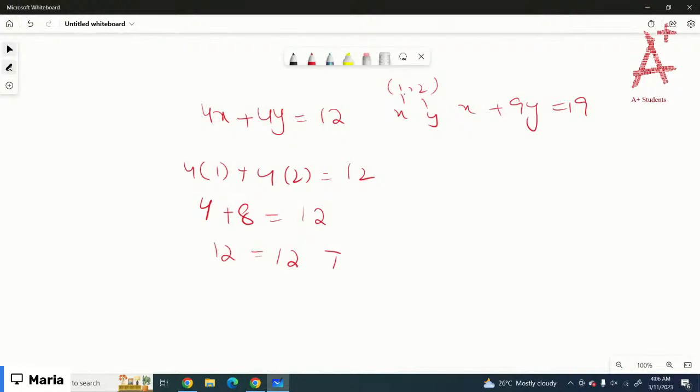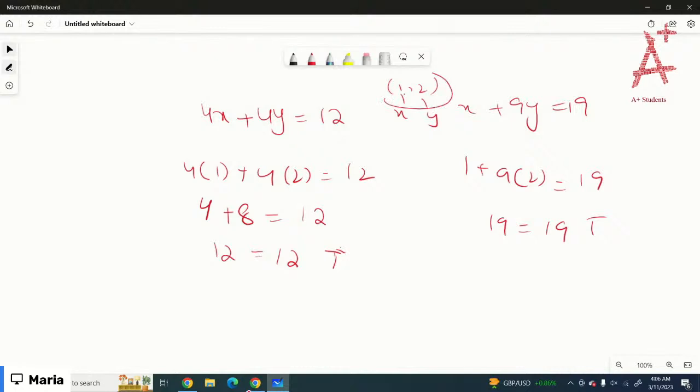Let's check the second one. x plus y: 1 plus 9 times 2 equals, 9 times 2 is 18 and 18 plus 1 is 19. So 19 equals 19. Again, both sides are equal. So that means true. Both equations are true.